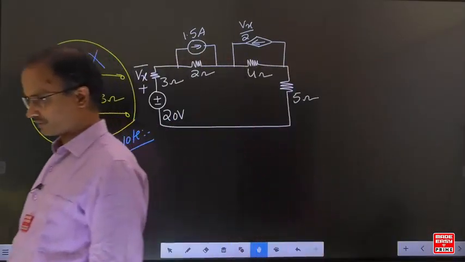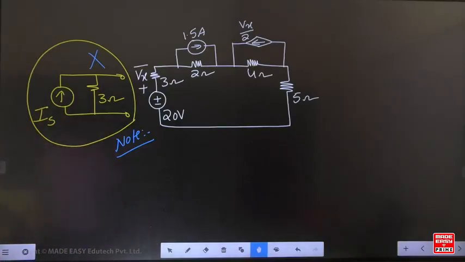Write the note. While applying source transformation for a dependent source, wherever the dependent source magnitude depends, without disturbing that element, transformation can be applied.